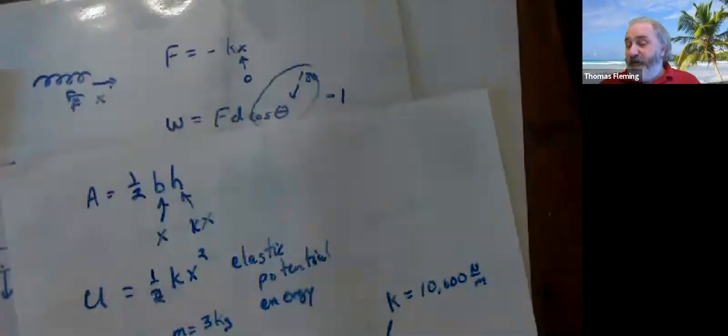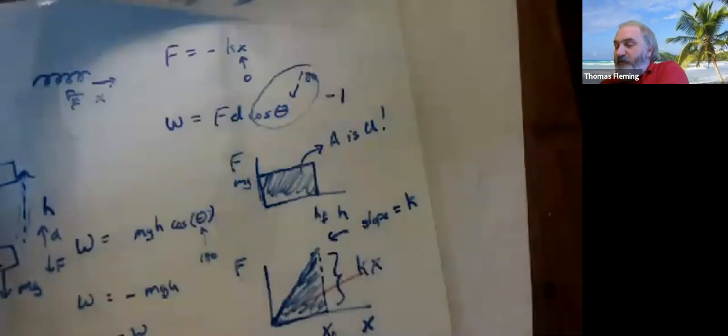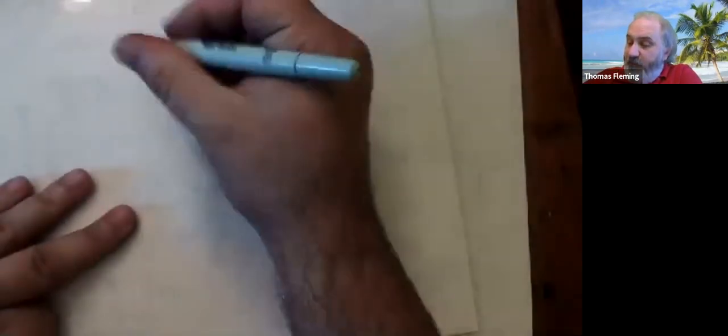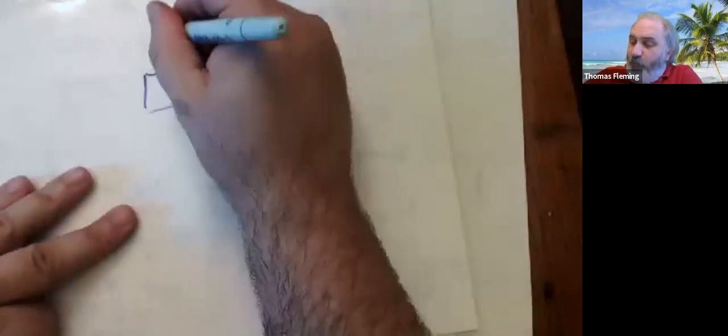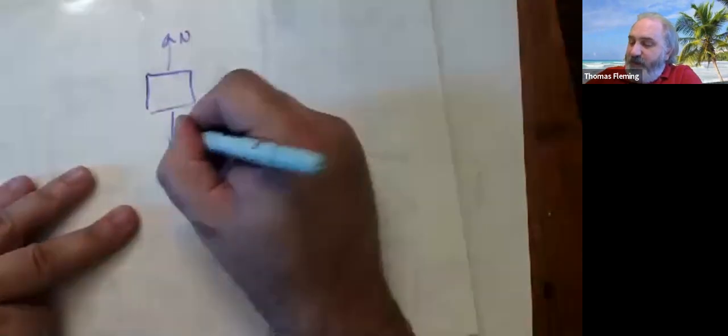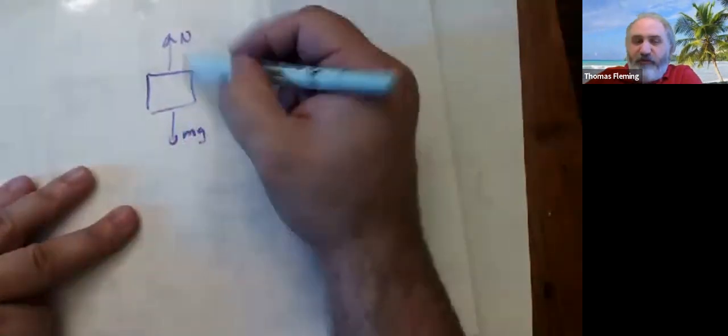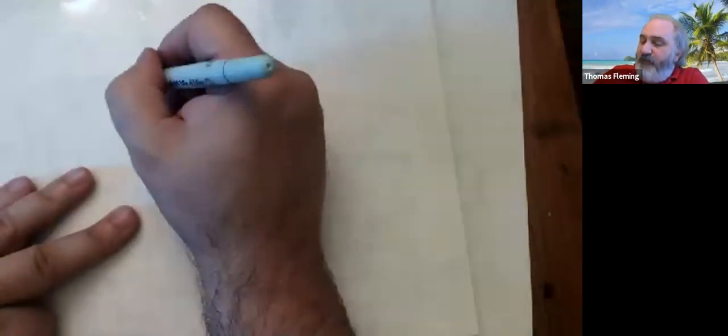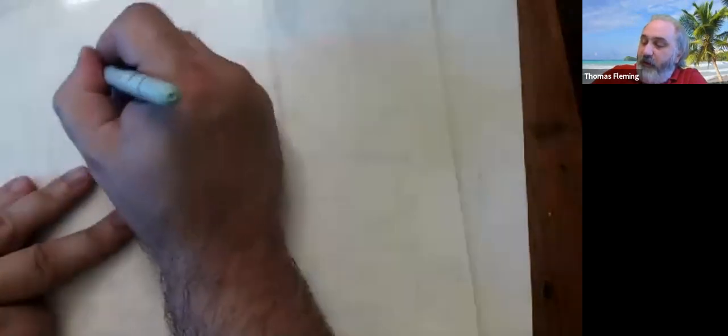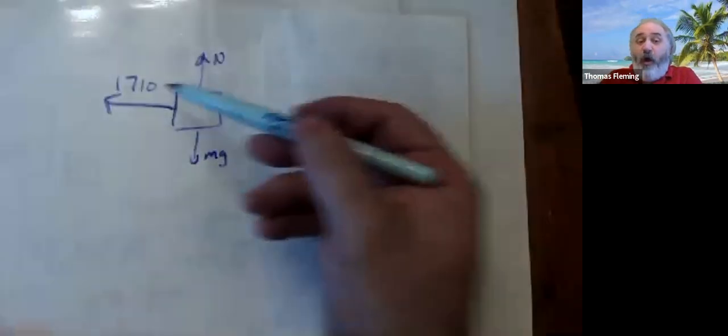So at the moment that this thing momentarily stops, there are forces acting on that box. There's a normal force from the ground pointing up, there's gravity pointing down, and these forces might cancel each other out, but then there's this force of the spring pushing really hard to the left.